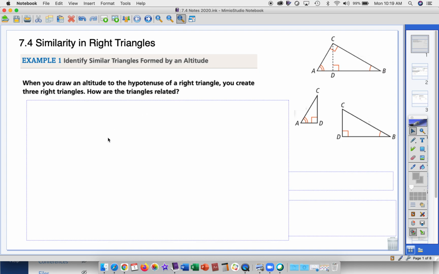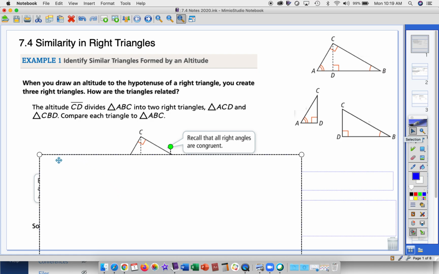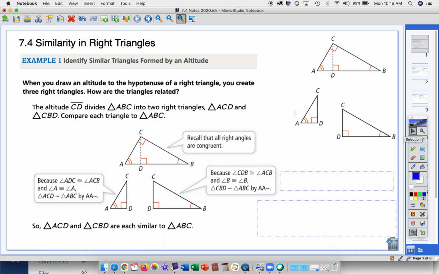Okay, so let's take a look at this. If we separate the triangles, then the altitude divides ABC into 2 right triangles, one on the left, one on the right.